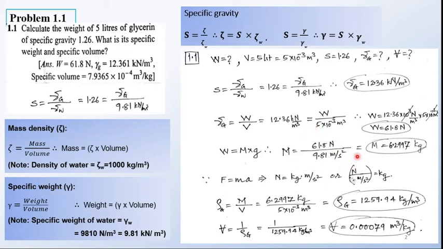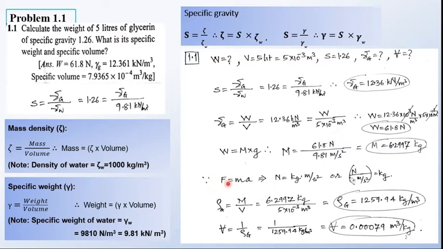Now if we simplify this, we'll be getting 6.2997 and units will be kgs, because Newton is equivalent to kg meter per second squared. So meter per second square cancels off, you'll be left with kg only.